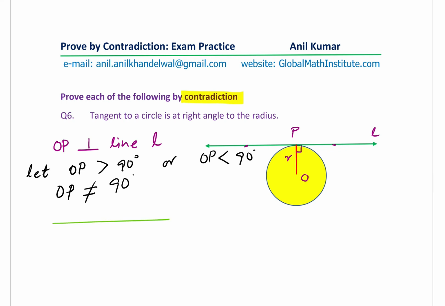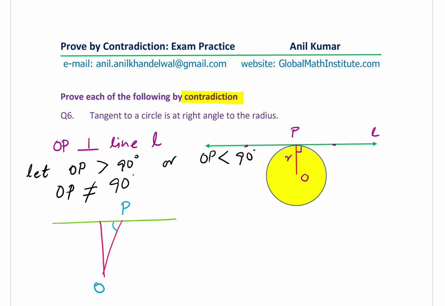Well, think like this. We have this particular situation, right? So OP is not 90 degrees. Let's say OP is something like this. This is O and this is P. And definitely this is not 90.